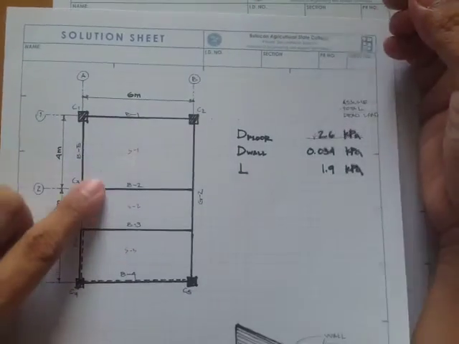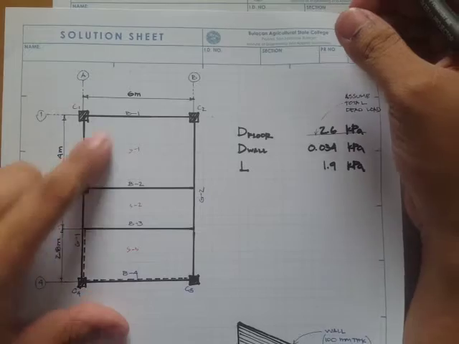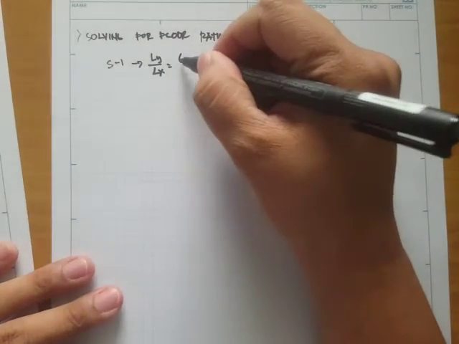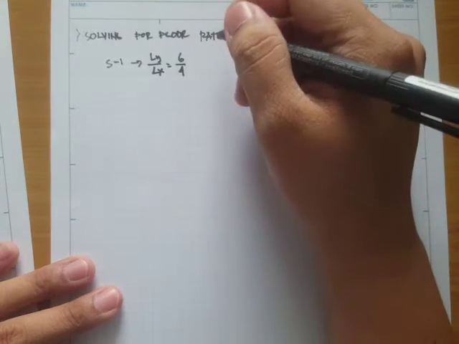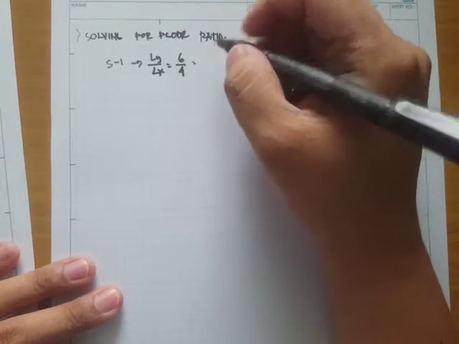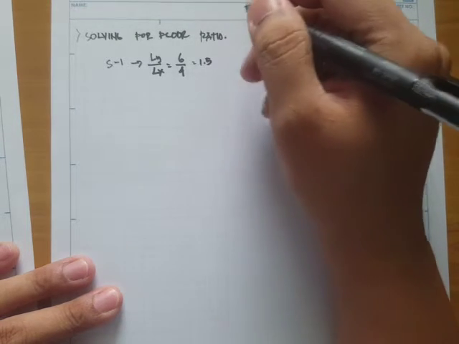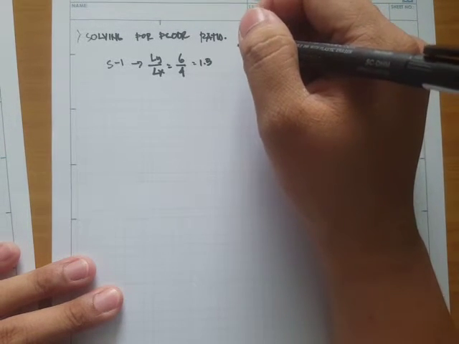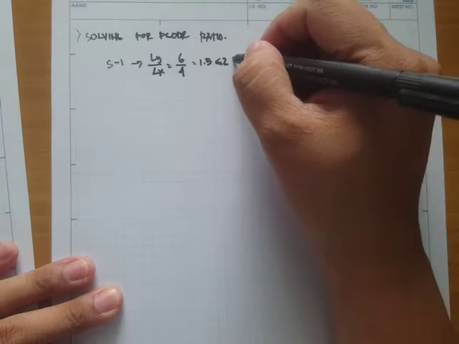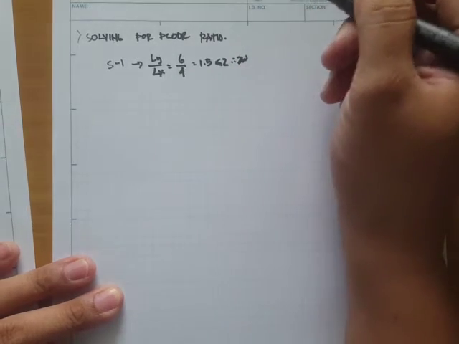This is our slab number one, and we have a 6-meter length and a 4-meter width. So that's 6 over 4 meters, which is 1.5. This is less than or equal to 2, therefore this is a two-way slab.